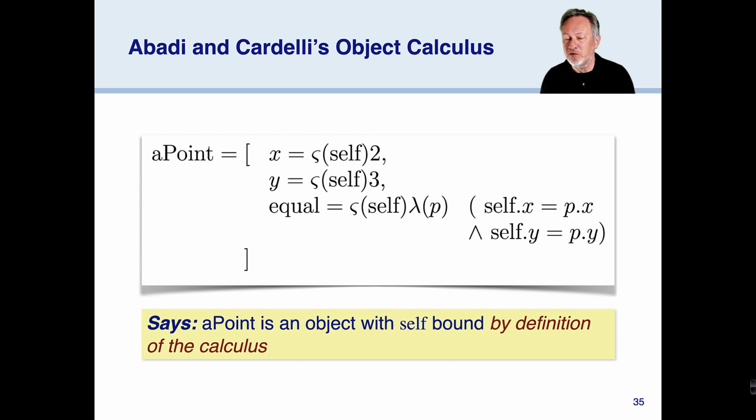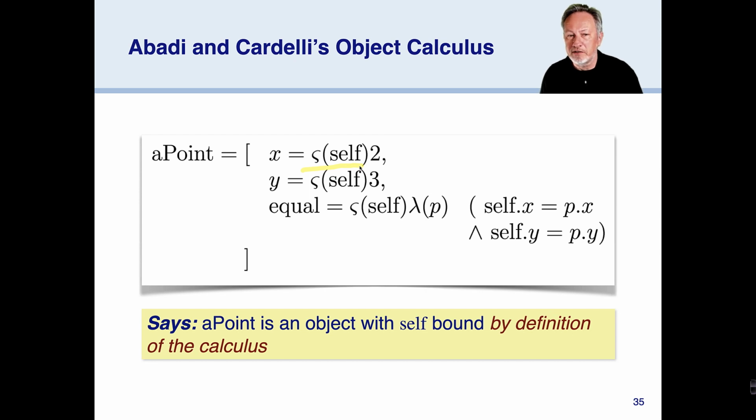The idea was to define something like a lambda calculus, but to use it to define what objects are and object types as well. And they introduced a particular special operator called sigma, and the sigma is the operator that gives you the recursive fixed point of self in objects.